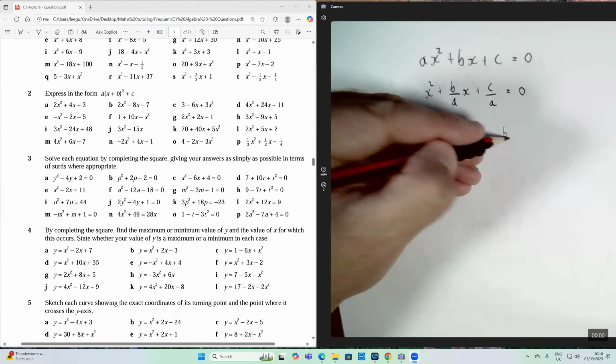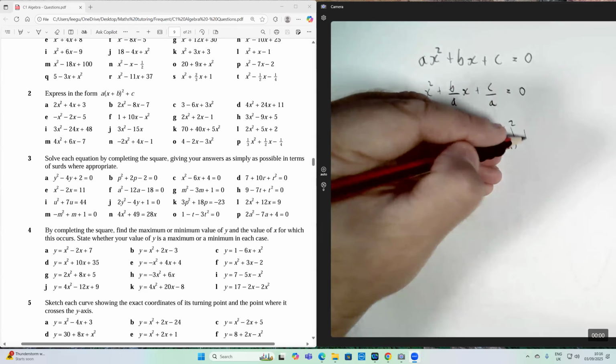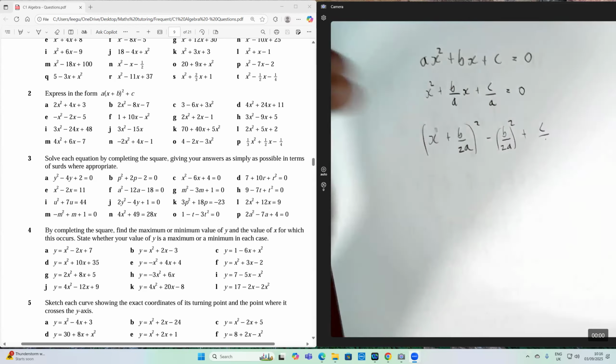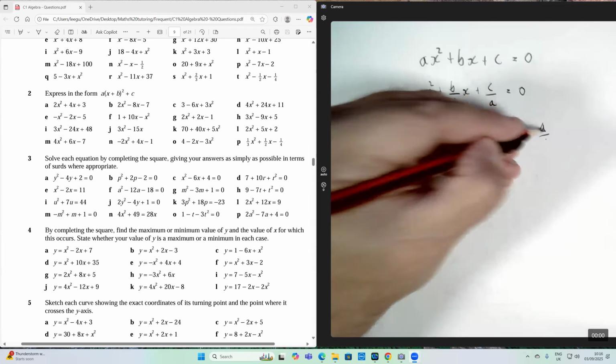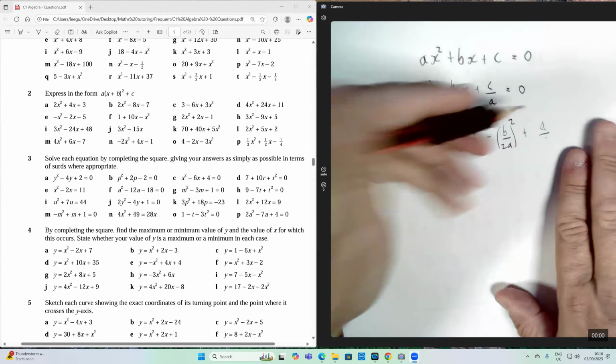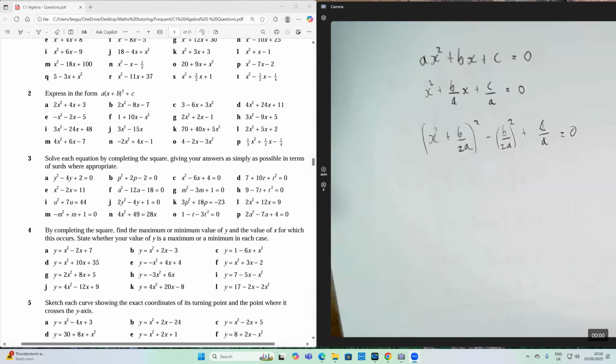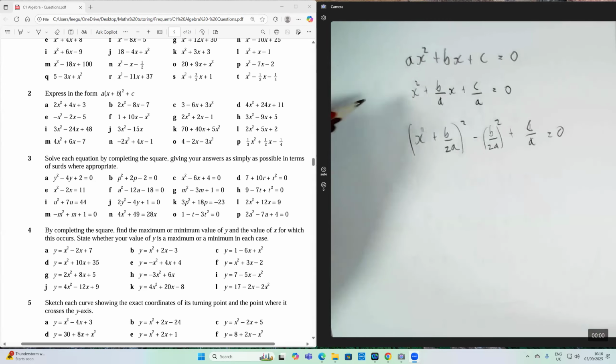And then I'm going to take away the b over 2a squared. So we're just completing the square in the normal way. Plus c over a equals 0. Okay, so all I've done there is divide by a and complete the square.